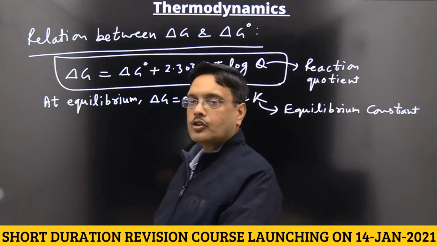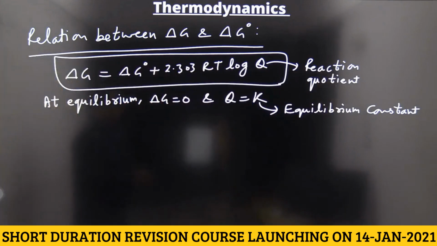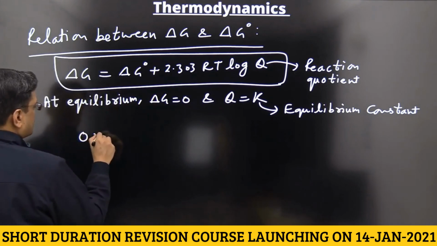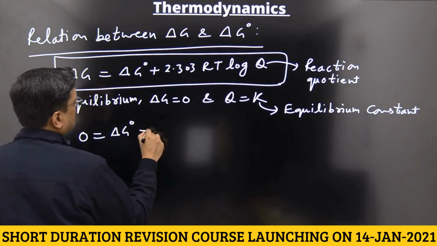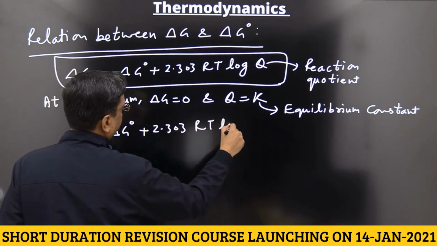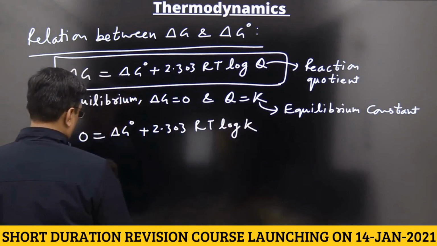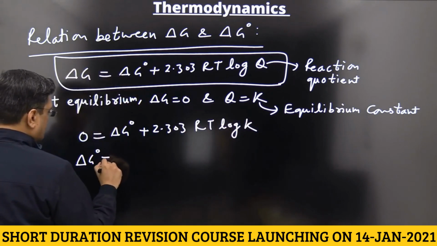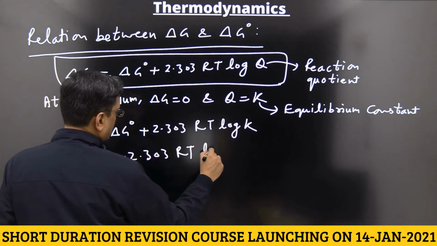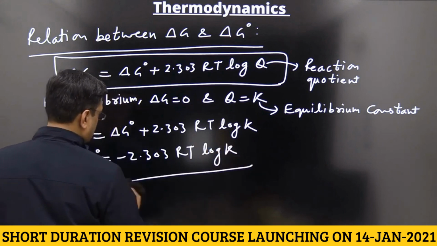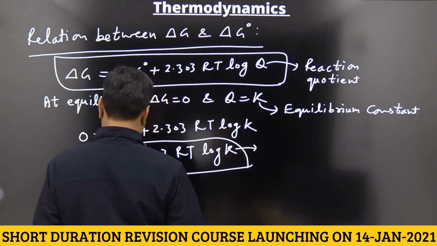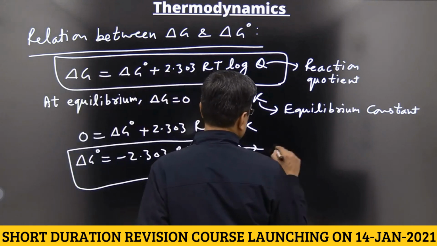Putting these values in this equation: 0 is equal to delta G naught plus 2.303 RT log K, so delta G naught is equal to minus 2.303 RT log K. This equation is used in numericals.